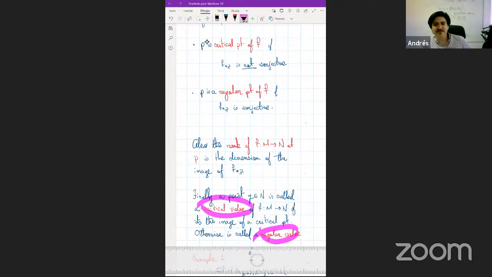And it is a critical value if there's at least one critical point in the preimage. Okay? So in order to talk about a regular or a critical value, I look at the preimage of that point. If all of the points are regular points, I have a regular value. If at least one point is a critical point, then I have a critical value. So the important aspect in this sense right now are the regular points.